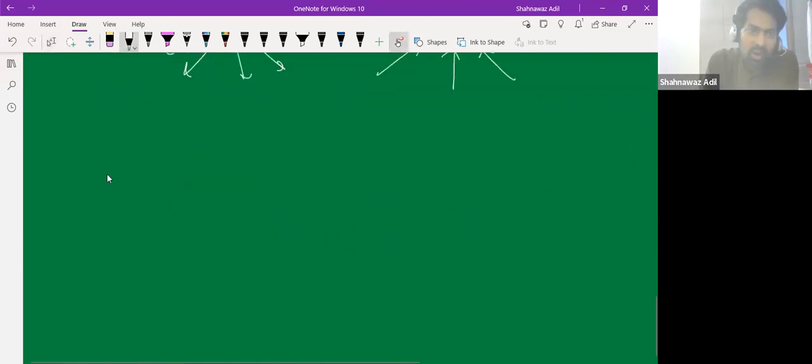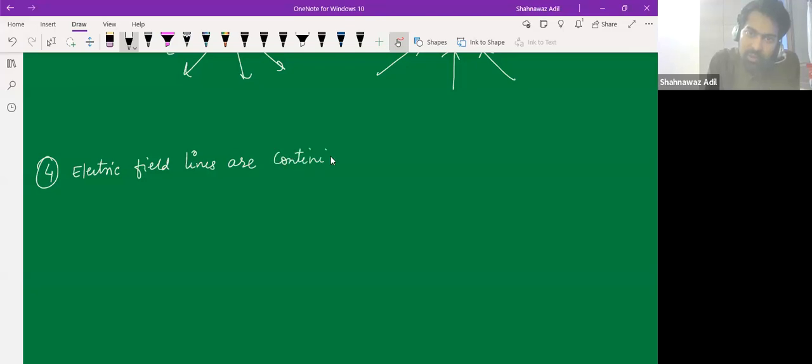And the fourth property is very easy to understand, and that is continuity. So electric field lines are continuous in nature, right? So let's say we have this positive charge, and electric field lines are going in this way.